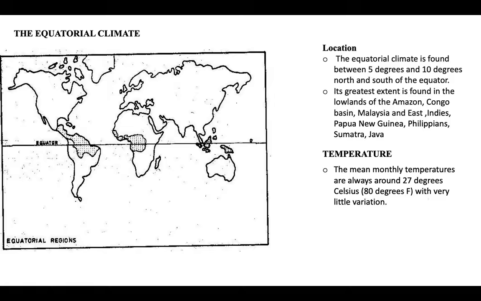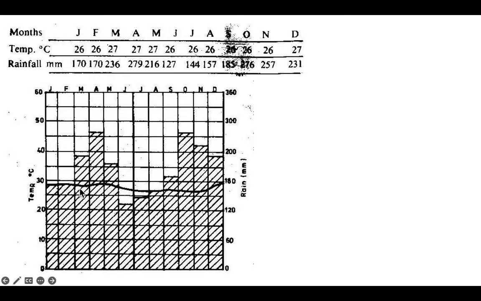If we look at the rainfall graph, it ranges from January. In January, the rainfall is not that much, but there is rainfall. The rain begins to exceed in March and April, and then it lowers in May. Then in June the rainfall pattern goes down, and then it increases gradually in October.